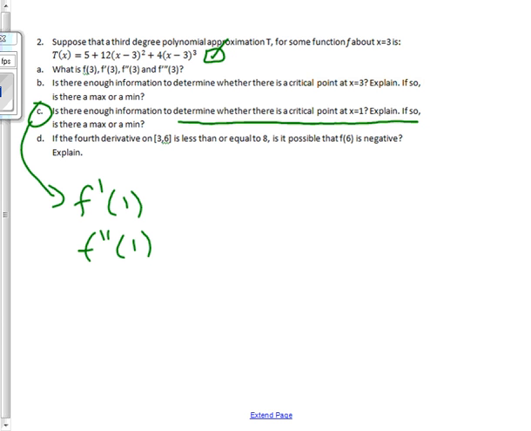I could approximate these values by taking the first derivative of my Taylor approximation, but it's not good enough. Because my Taylor approximation is not centered around x equals 1, and because I do not have the function itself, there's not enough information to determine whether there's a critical point.